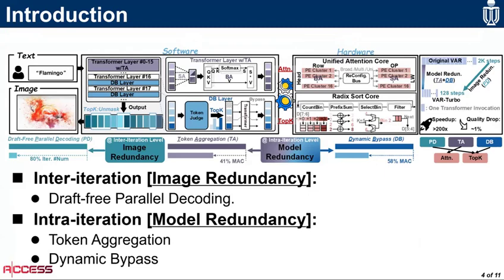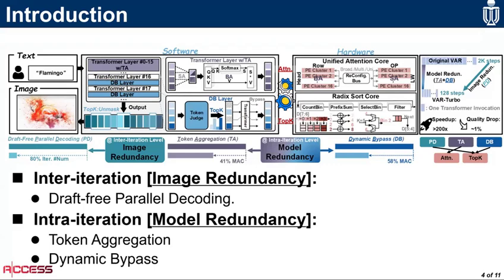Second, at the intra-iteration level, we capitalize on the model redundancy and further adopt a hybrid optimization scheme. Specifically, in the shallow layers, we propose an adaptive hierarchical attention called token aggregation. In the deep layers, we use a more aggressive technique called dynamic bypass.